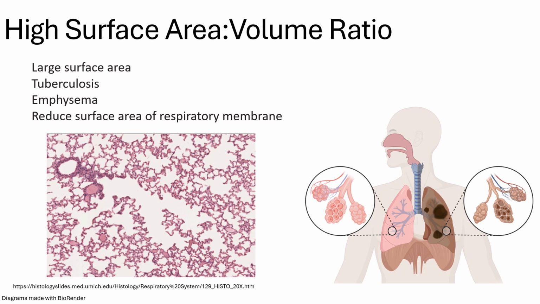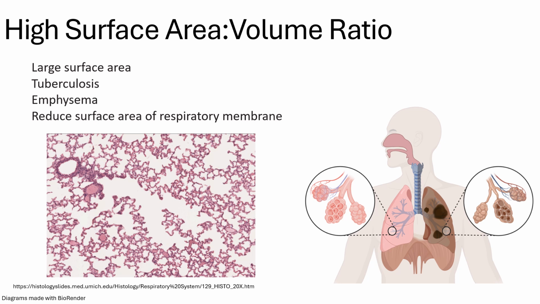Never mind. Diseases like tuberculosis and emphysema both reduce the surface area to volume ratio of the lung. They do this by eliminating surface area of the lung but keeping the same volume of the lung. So this reduces the surface area to volume ratio because it's reducing the surface area, the numerator, the number on the top.